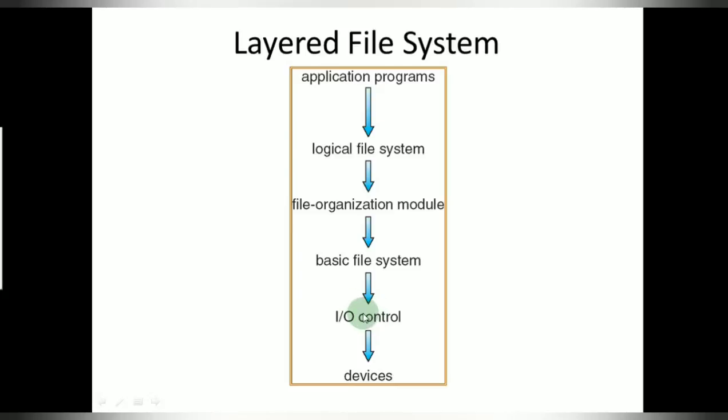Now the IO controller is going to support the basic file system. The basic file system needs only to issue a generic command to an appropriate driver to read and write the physical block on the disk. Each physical block is identified by the disk address. Now what is the disk address?